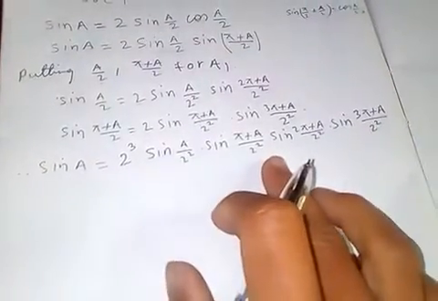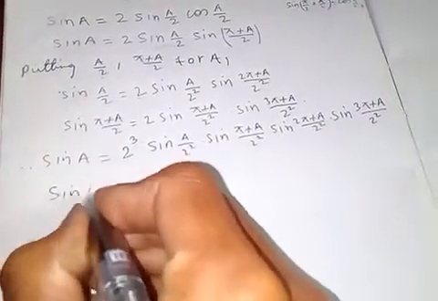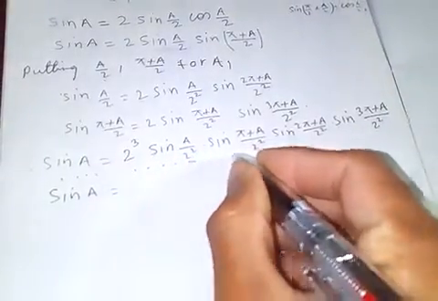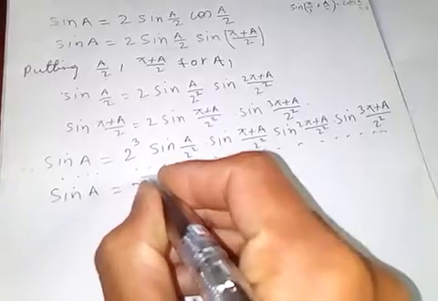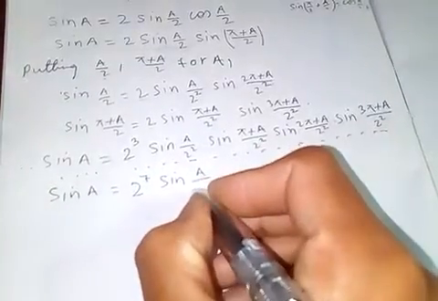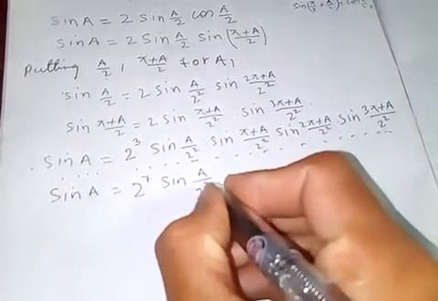Now if you apply this successively, this will go on. Let's take 2 to the 3, so the sine of it will be A over 2 cubed.